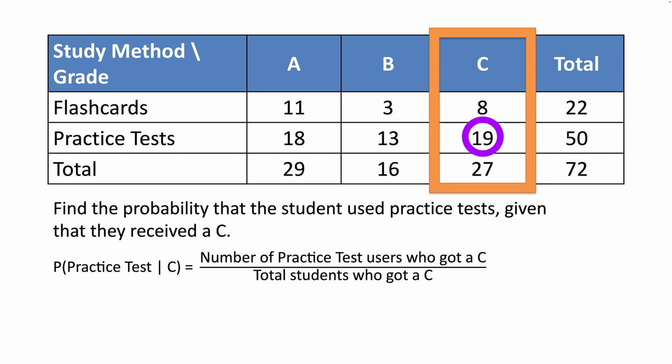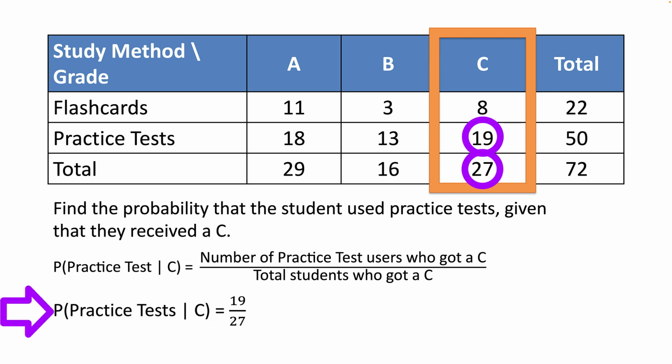Dividing that by the total number of students who got a C, which is 27. So this probability would be 19 out of 27. While our numerator is the same as the previous problem, the denominator is different. This is because the given event for the conditional probability is different than in the previous one.